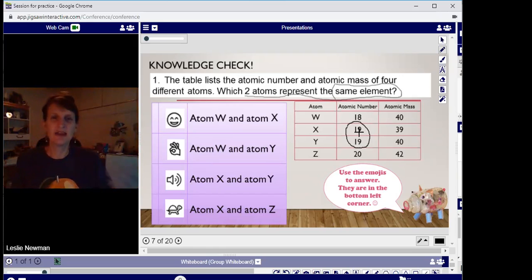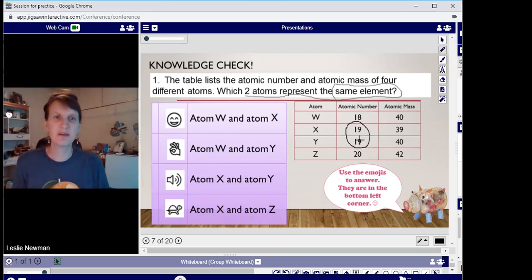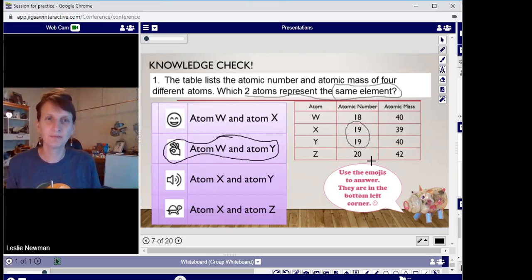So these are two atoms of potassium. They are the same element. They are both potassium because they both have an atomic number of 19. They both contain 19 protons in the nucleus. So the answer was W and Y.